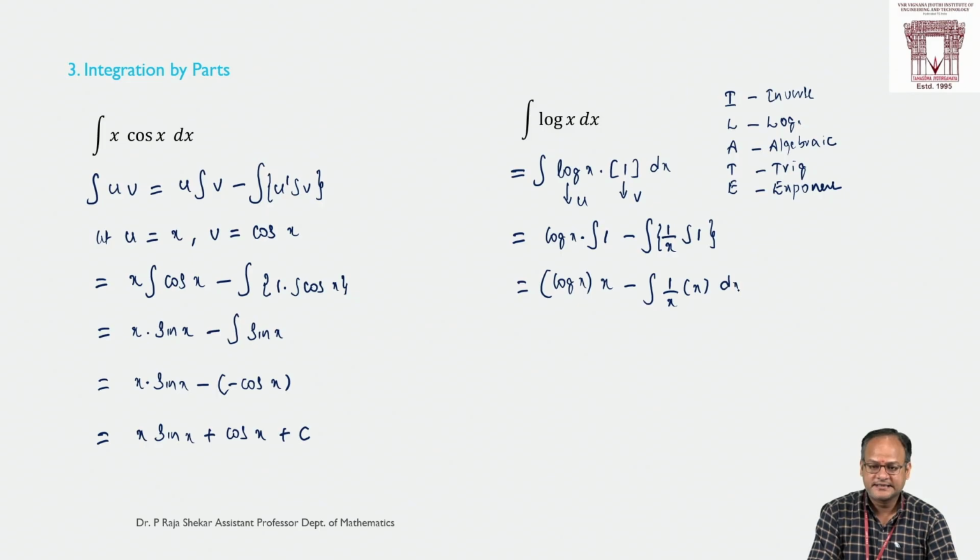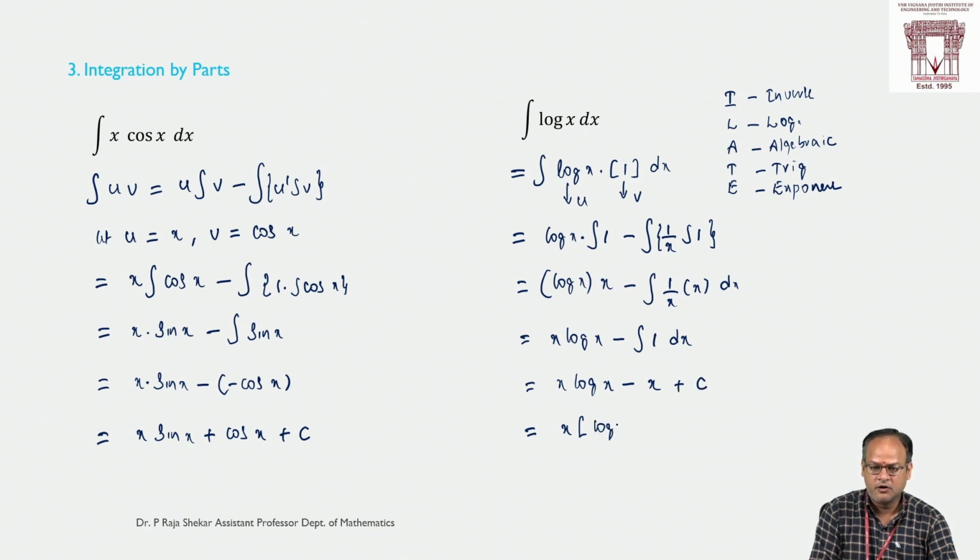So x gets cancelled. It is x into log x being the first term, minus, after cancelling the x, it is only 1. So it is just to integrate 1. Integration of 1 with respect to x is x. And at the end, we add a constant.